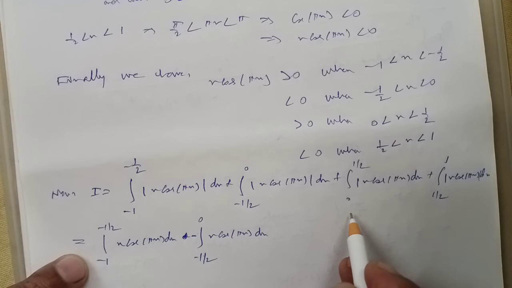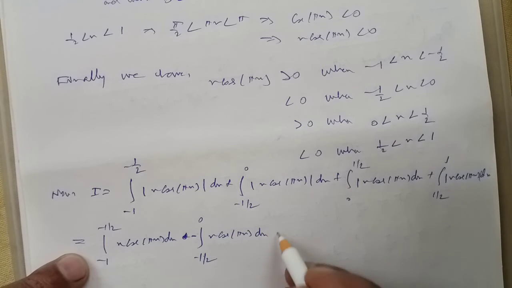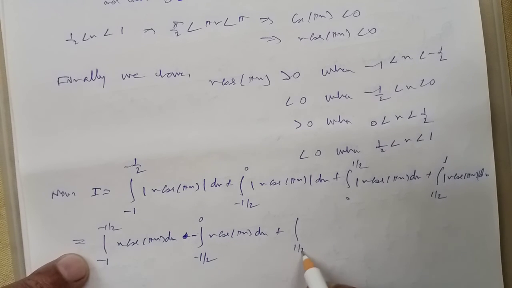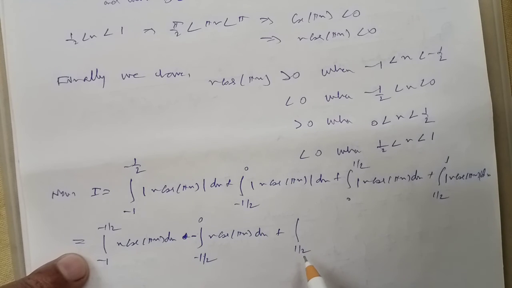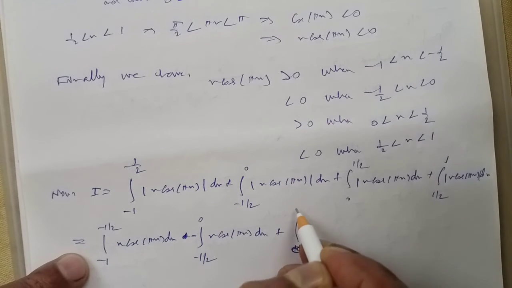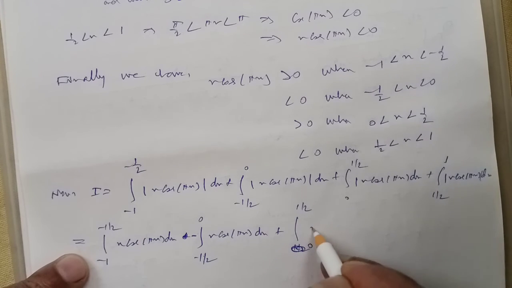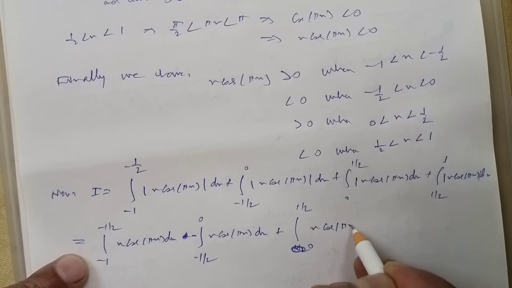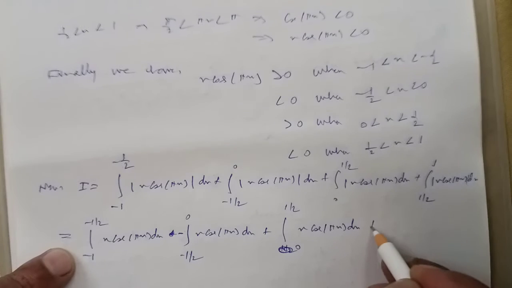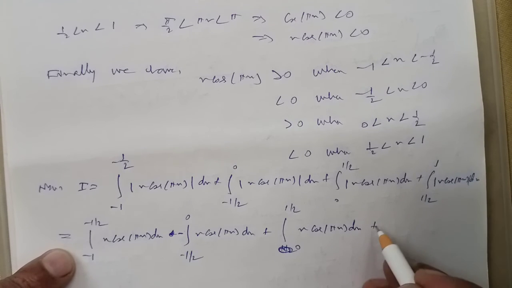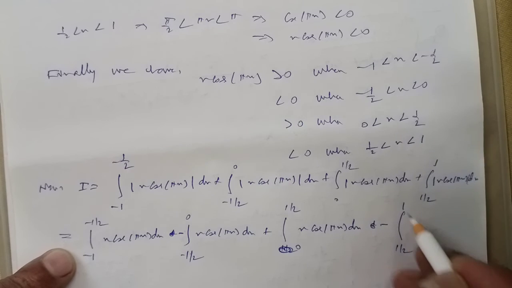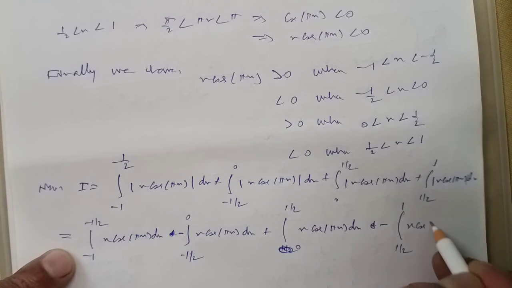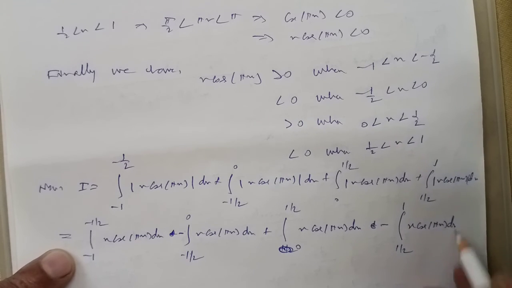In the third part 0 to half it is again positive, so plus integral 0 to half x cos of pi x dx, and then again negative, so minus integral half to 1 x cos of pi x dx.